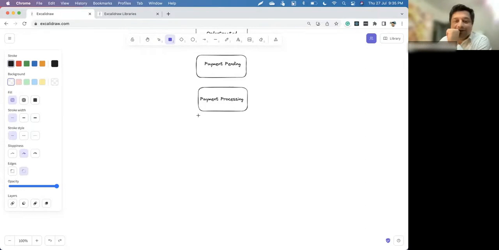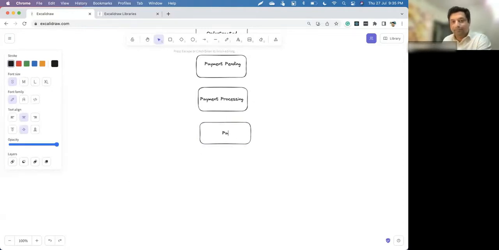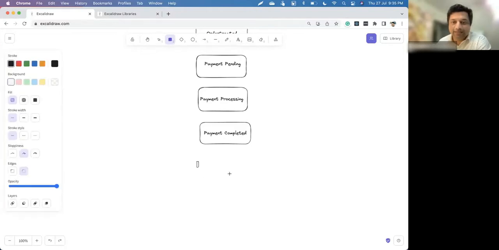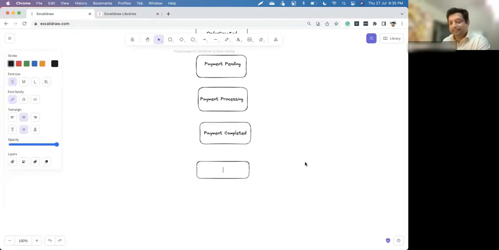And then finally, you can have a state where you have payment processed or completed, right? And then finally, you may have other states also, which is like shipping or item shipped, right?